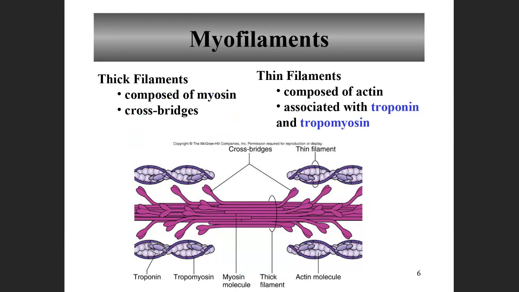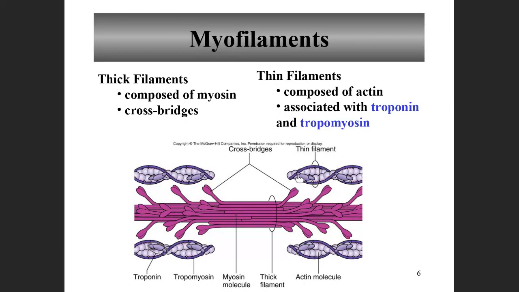Now, because you zoom up, you can see that there are cross bridges of myosin. You see this? This is all myosin. And myosin likes to bind to actin, which is this, to form cross bridges. These are the actin that you see here.